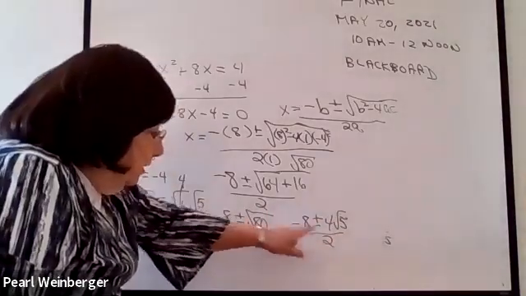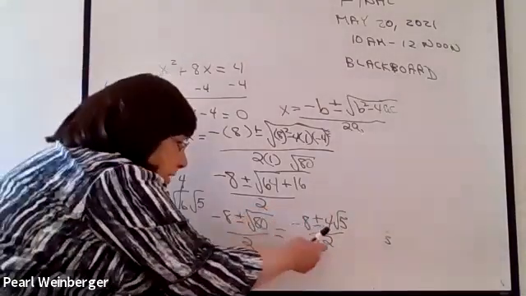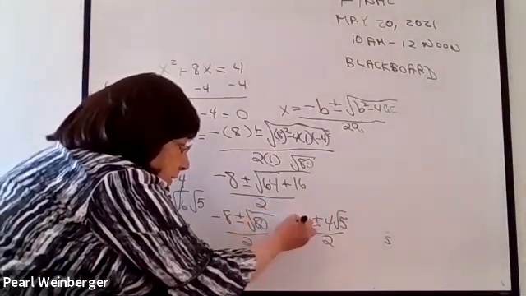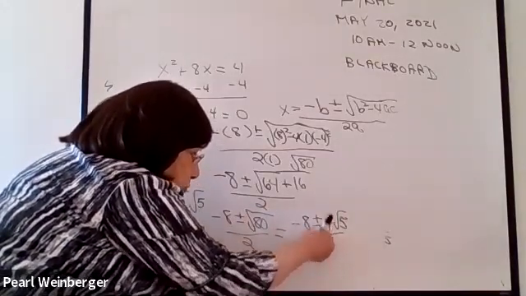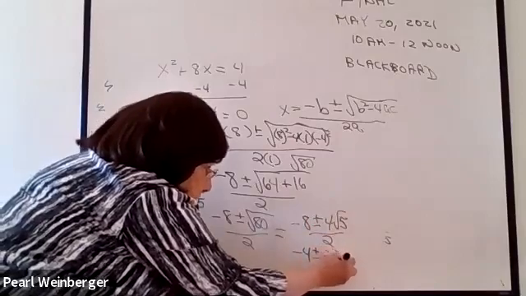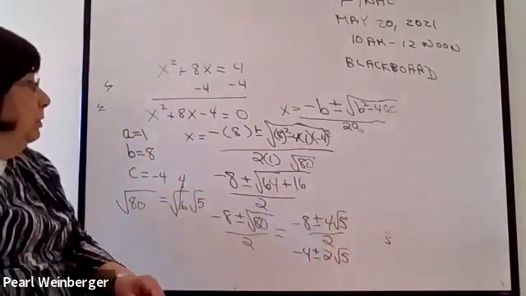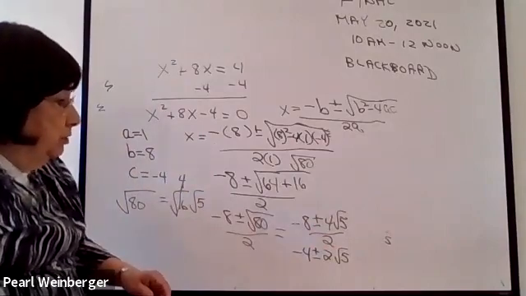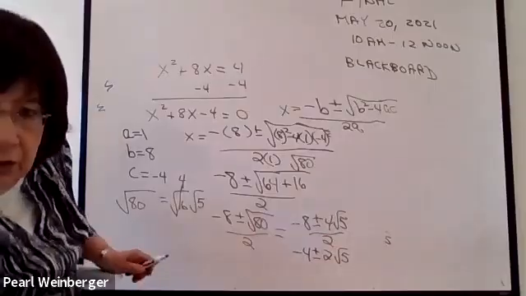And now I just divide each of these by the 2. -8 divided by 2 is -4, plus or minus 2 into 4 is 2 radical 5. So -4 plus or minus 2 radical 5. Is that clearer? Yes, thank you, Professor.